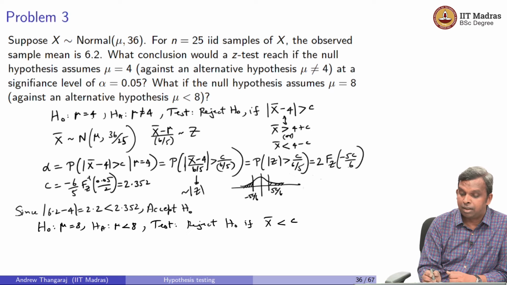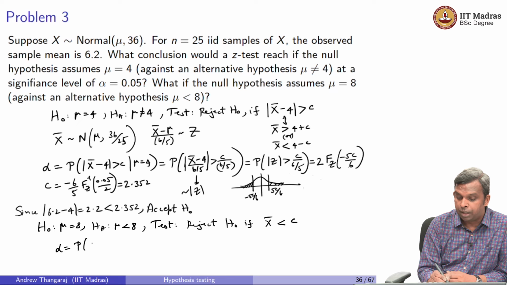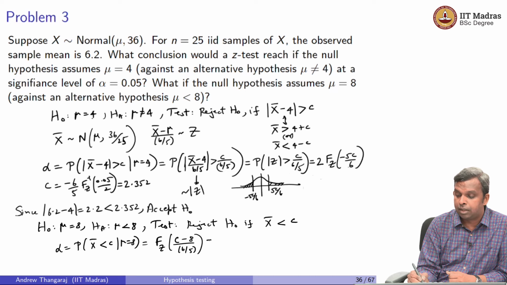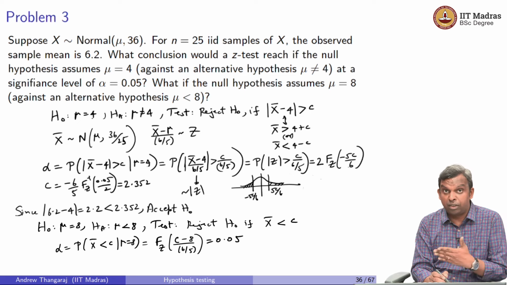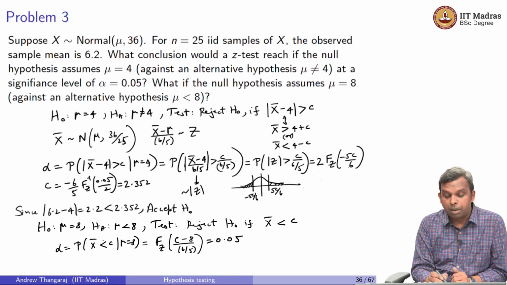The distribution remains the same, and your alpha calculation will be the probability of x bar less than C given mu equals 8. So this will work out directly as F of C minus 8 by 6 by 5, which has to be 0.05. Notice how things change when you go to left-sided testing.